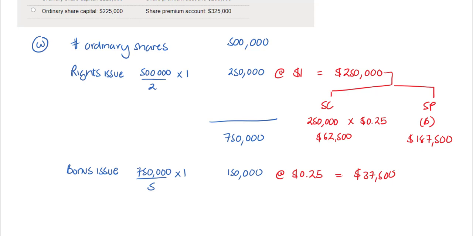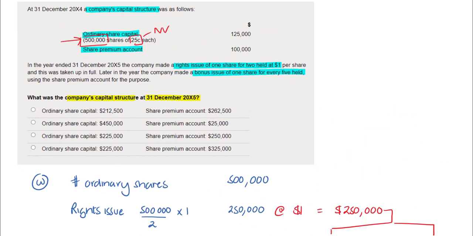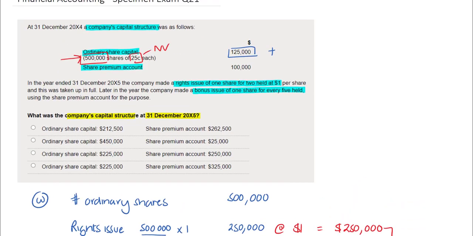Now, having calculated these amounts, we can simply work out now the total balance for our share capital and share premium at year end. So if we start off with the 125,000 in share capital, add on the amount that is generated from the rights issue, which we calculated as 62,500, and we add on the amount that is going to be increasing the share capital because of the bonus, which is the 37,500.